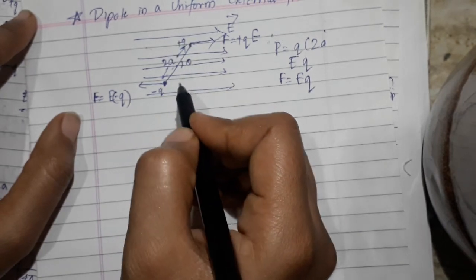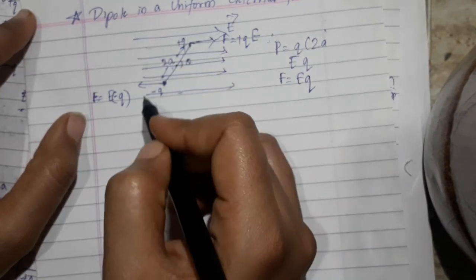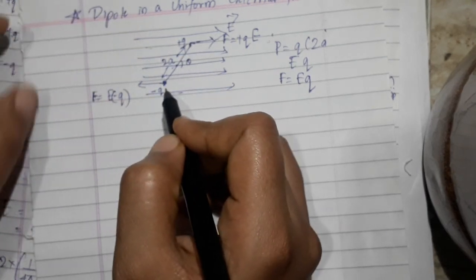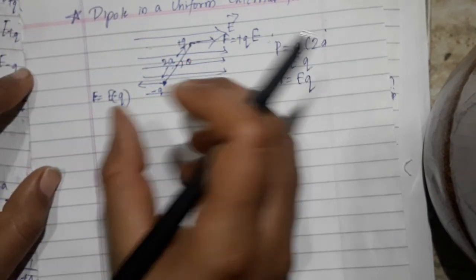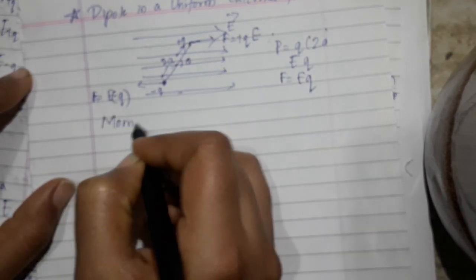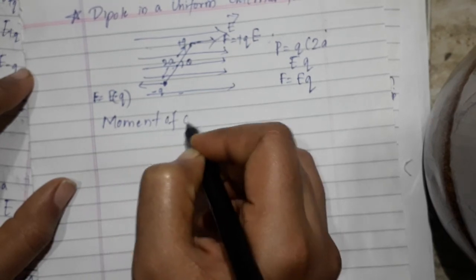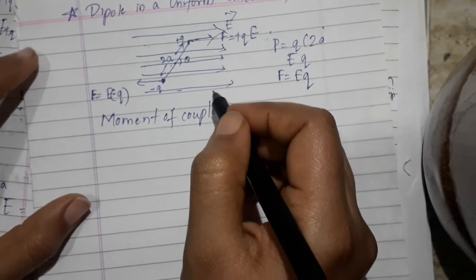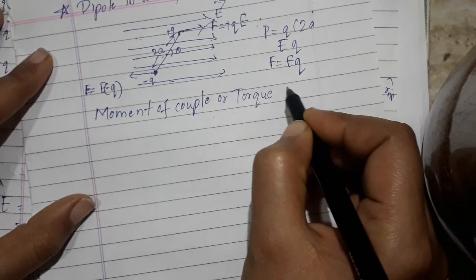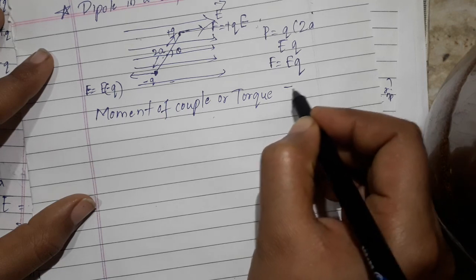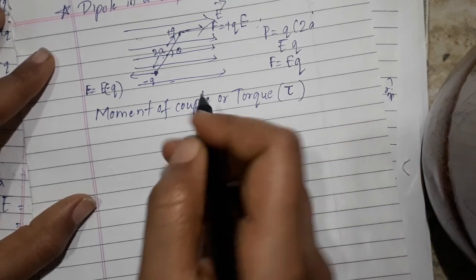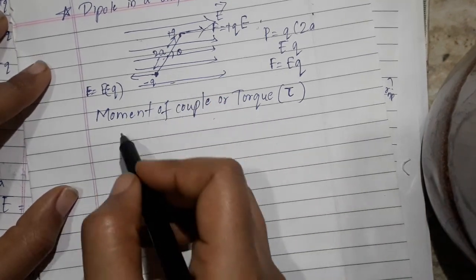One will move in this direction and the other in that direction, and the moment of that couple is called the torque, which is denoted by the symbol tau. So the torque is defined.